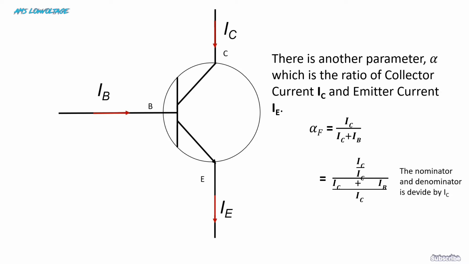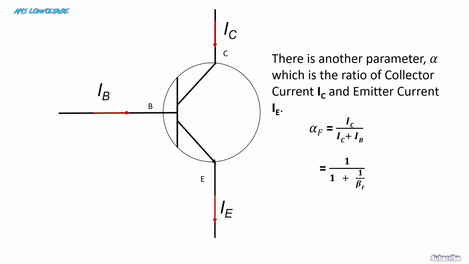If you divide the numerator and denominator of this equation by IC, you can see the equation changing like this, and finally you will get alpha F equal to 1 over 1 plus 1 divided by beta F, and this is beta F over beta F plus 1.